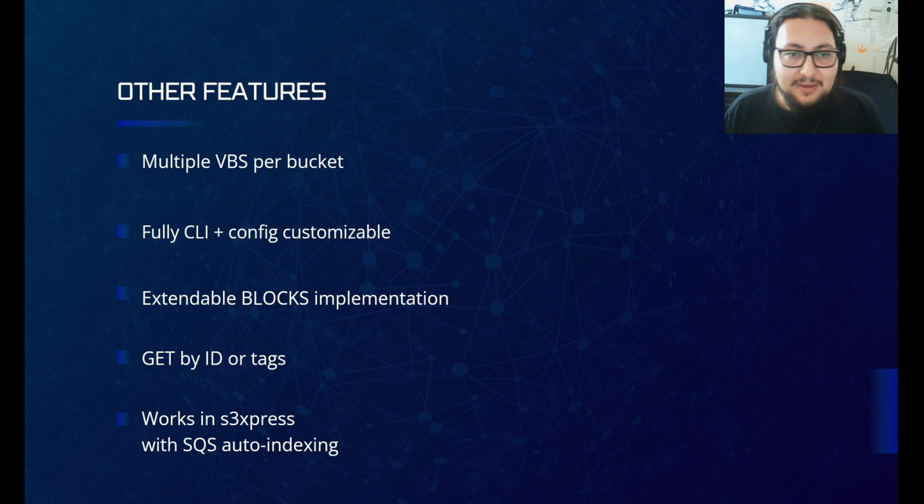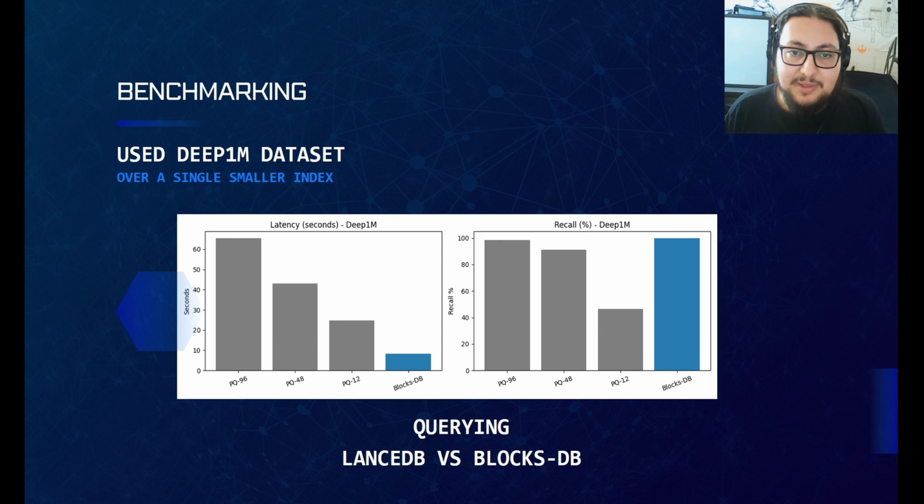As for benchmarks, we have evaluated BlocksDB on the Deep1M dataset. We compare it to LanceDB PQ variants, where we achieve a higher recall with significantly lower latencies. As you can see on the graph, on a single, small index, we are getting way faster querying and way higher recall.